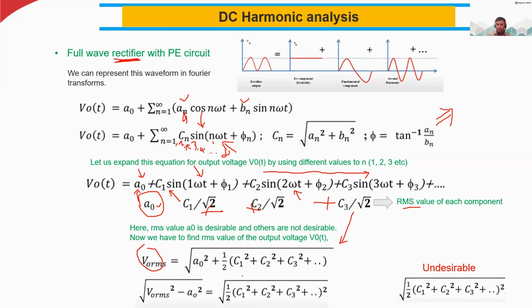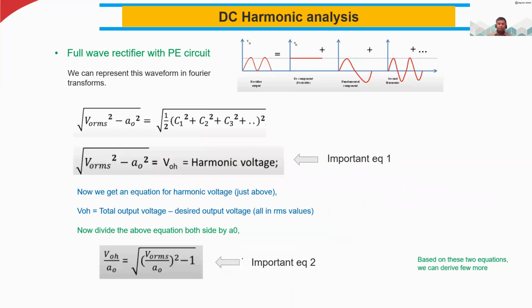Remember, this is not really needed. These are undesirable. This is called harmonic components, higher order harmonics. But anyway, it's coming here as the output. Since we are doing the Fourier transform analysis, we are only after the terms, the mathematics.